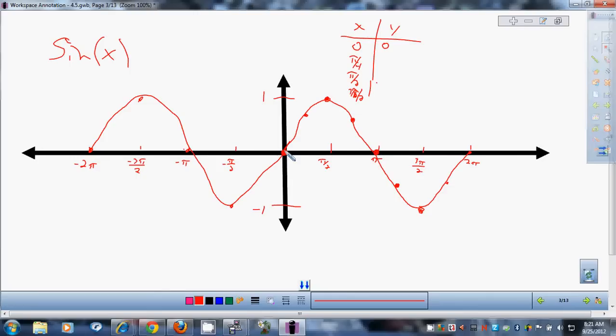And you can see how, despite the fact that I'm not a very good artist, this function is just repeating itself. And those are 2 periods of this function. Raise your hand if you have a question about any of the terminology that I'm using, where I got those points. You could also use your calculator for this, yes.